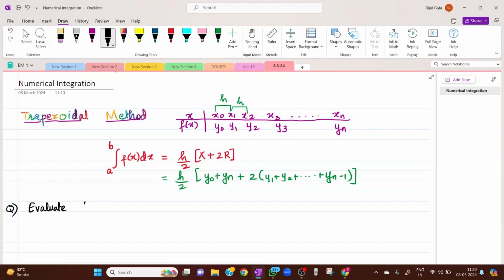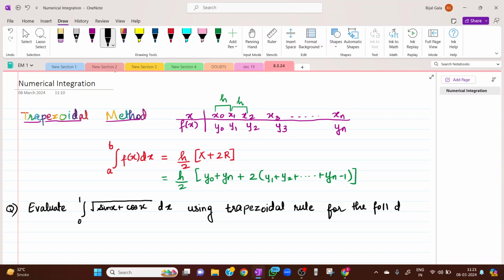Evaluate integral of 0 to 1 under root of sin x plus cos x dx using trapezoidal rule for the following data.